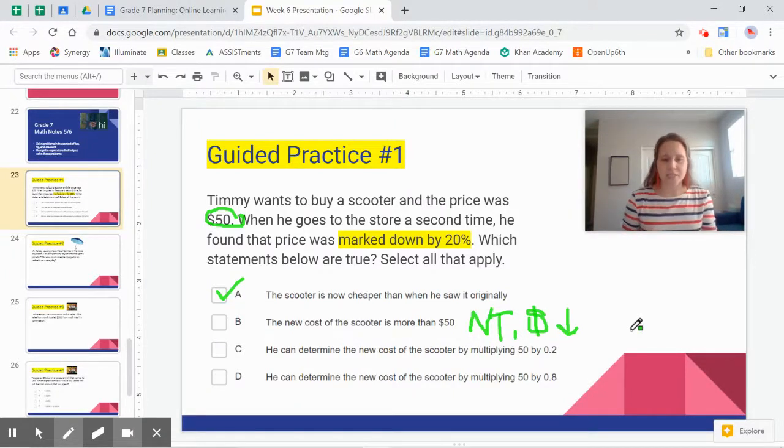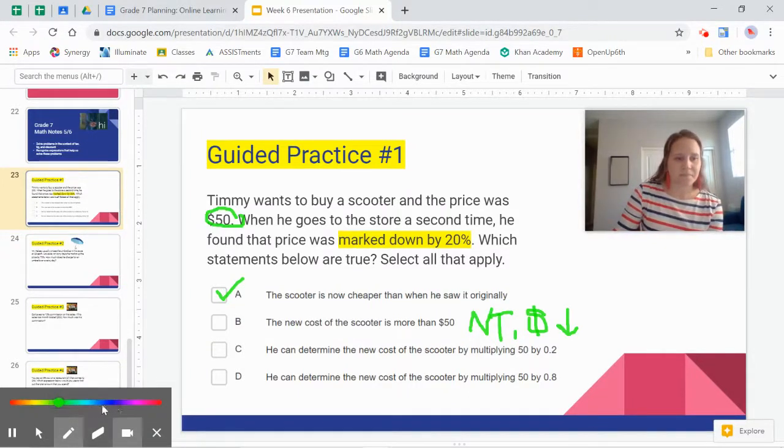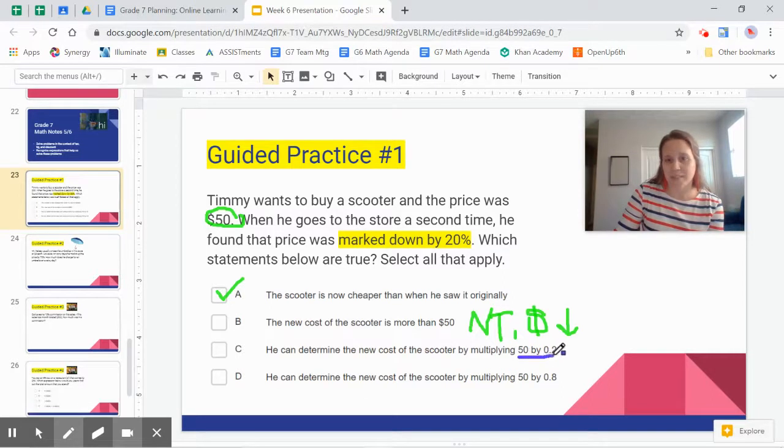How about C? He can determine the new cost of the scooter by multiplying 50 by 0 and 2/10. This expression, this is what I was talking about, recognizing expressions that will help us to solve the problem. This expression would tell you 20% of 50, okay?